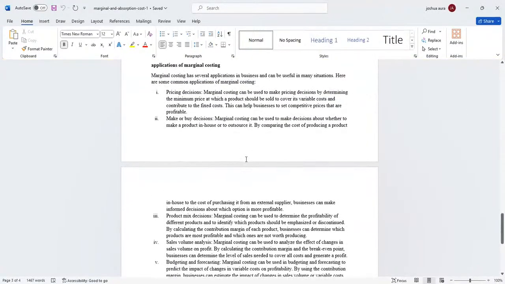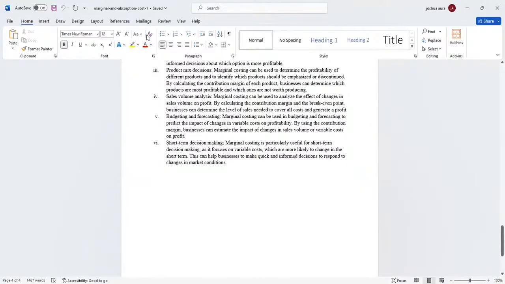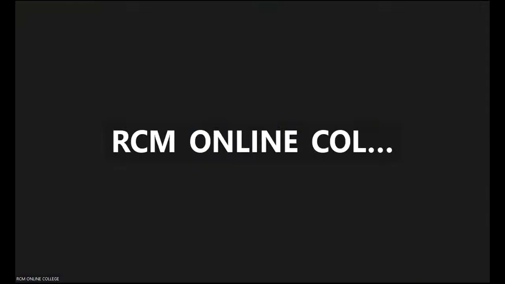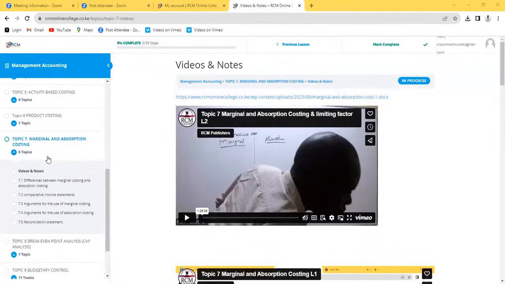So you can access these notes or just get back to the platform for you to do your studies. That is all about the theory. What is remaining for us is basically to do a question.